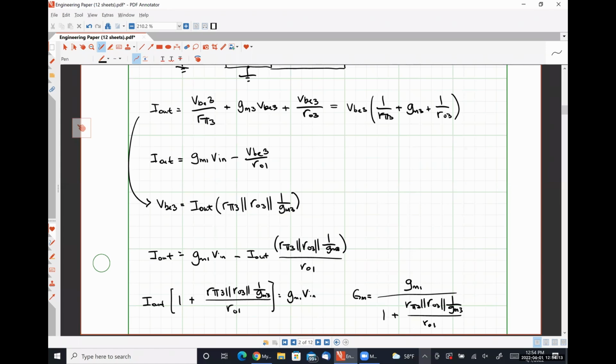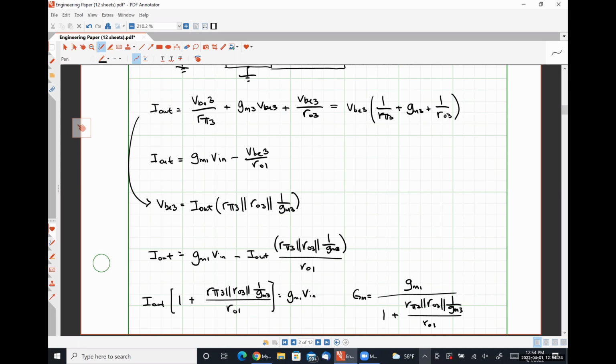Which should be extraordinarily close to GM1. Because 1 plus a really small number over a large number is going to look a whole lot like 1. So, all right, how do we feel about that short circuit transconductance derivation?